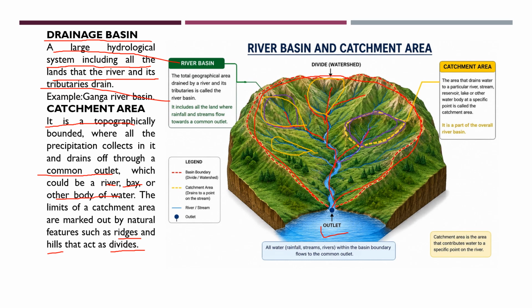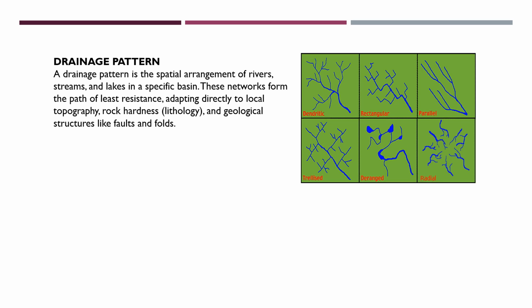So a river basin consists of several catchment areas. Catchment is smaller in extent. It is where the river or the stream catches the water and joins with a river from a specific outlet or a specific point. That point of the river, covering the entire area from where it drains, is known as the catchment area.